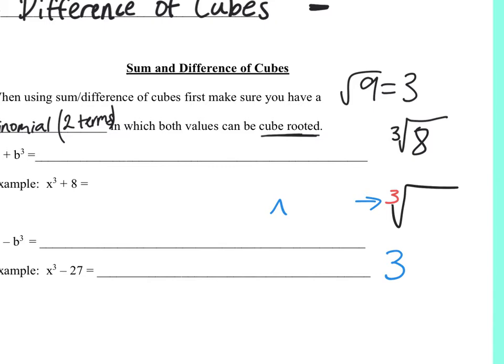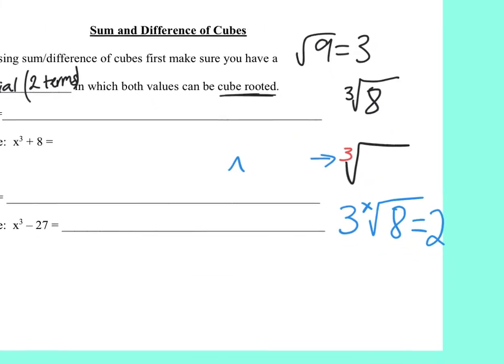And what you should have now, you should have a 3 with an x right here, and then what looks like the square root symbol, okay? Now we type in our number. So now we type in 8 and hit enter, and what do we get back out? 2. So would that be a perfect cube? Yep, it sure would.